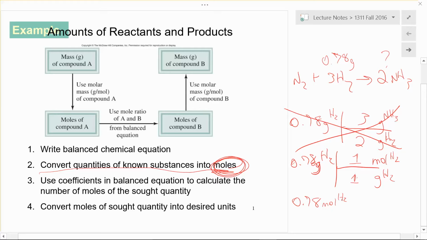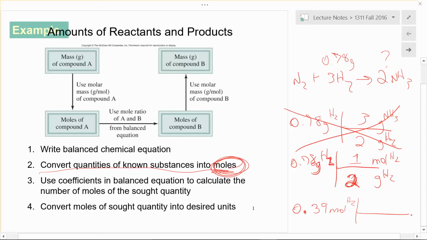I'm sorry, 2 grams. Excuse me, you guys, just let me do that. Okay, 0.78 divided by 2, what is that? This is H2, that's why I had to change it to 2. 0.39 moles of H2.